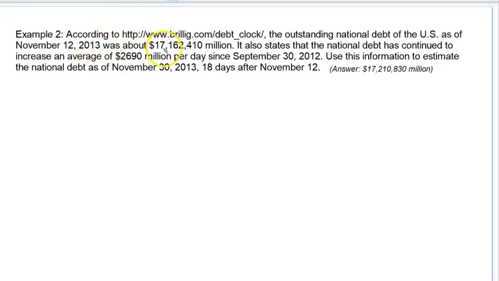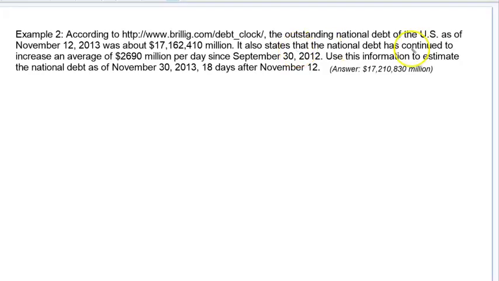It was 17,162,410 million. Whenever you have a million million, that's another way of saying $1 trillion. So we could just say this as $17 trillion. Okay, that was as of November the 12th.